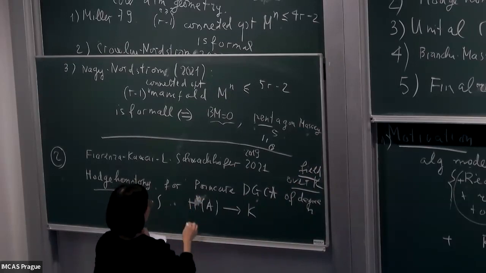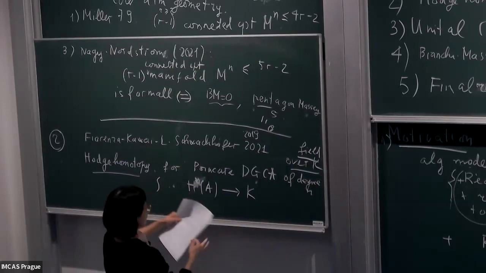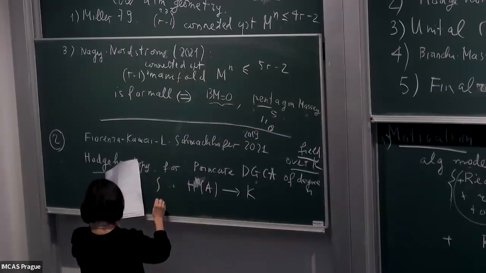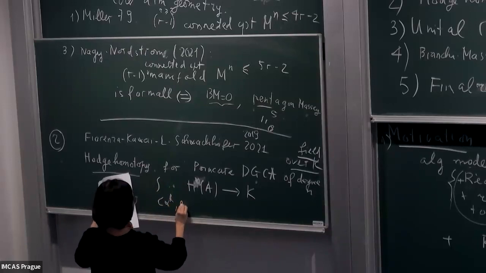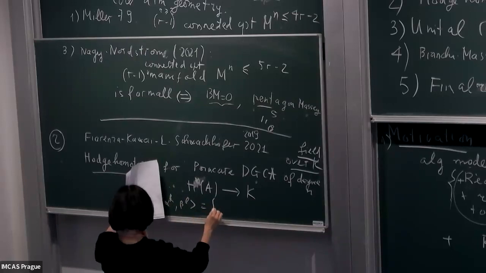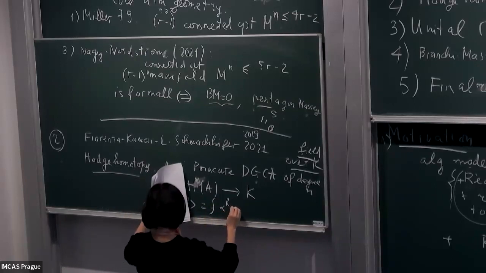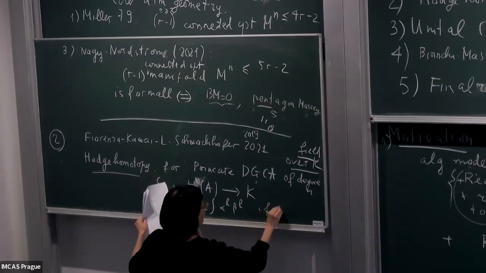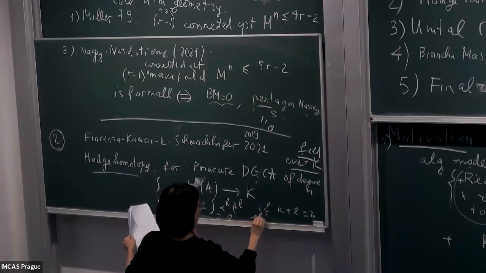And then you know the cup product is non-degenerate, as in the cohomology of a compact manifold. The pairing of alpha in degree k and beta in degree l is like integration, nothing else but the fundamental class of alpha beta, if k plus l equals n, and equals 0 otherwise.